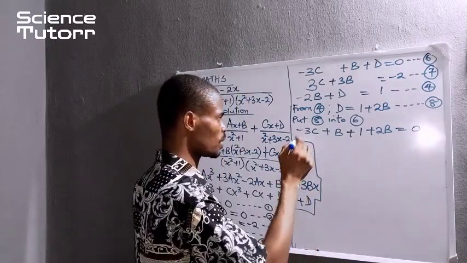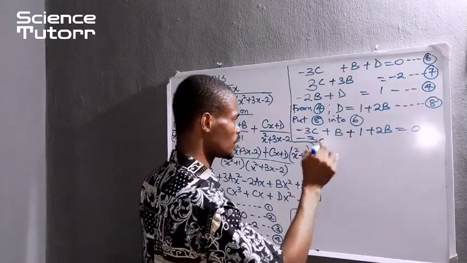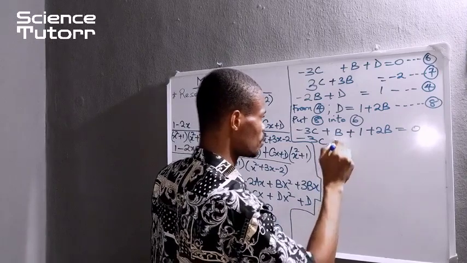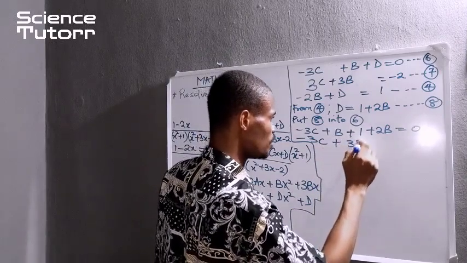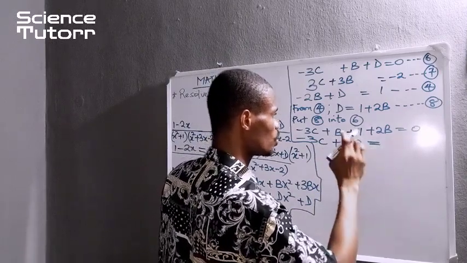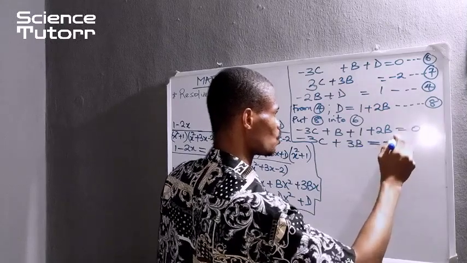So that will simplify to give us minus 3C plus 3B to be equal to minus 1.